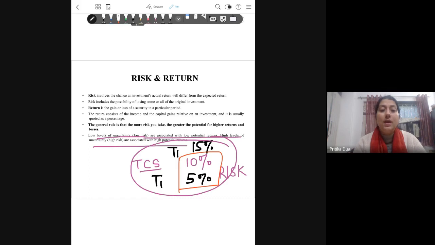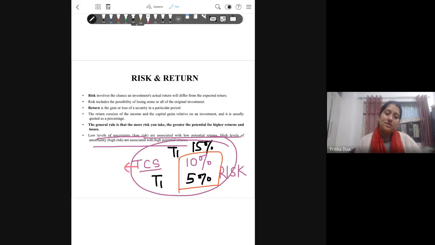Now, this is the probability that what you expect and what you get will be different. On the other hand, return is the gain or loss you are making from the investment over a particular period. There we consider two things. Again, I am taking the example of this share.